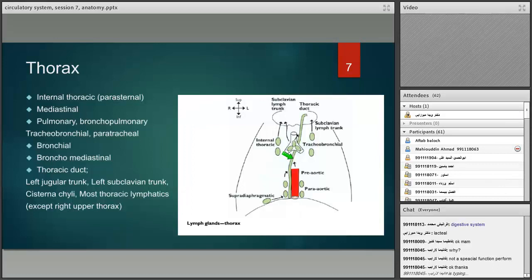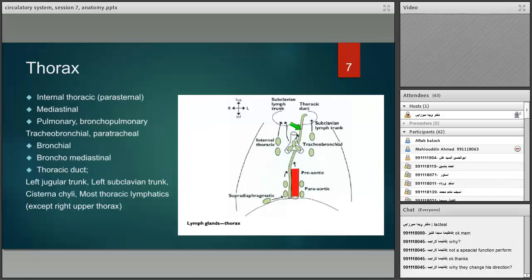So, it will pass behind the esophagus at the upper part of the thorax. It will pass behind the esophagus and the apex of the left lung. Why do they change direction?